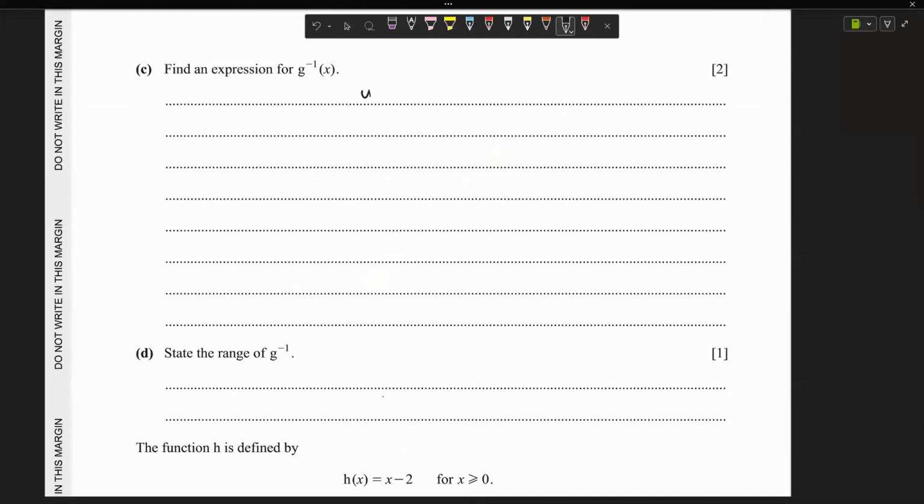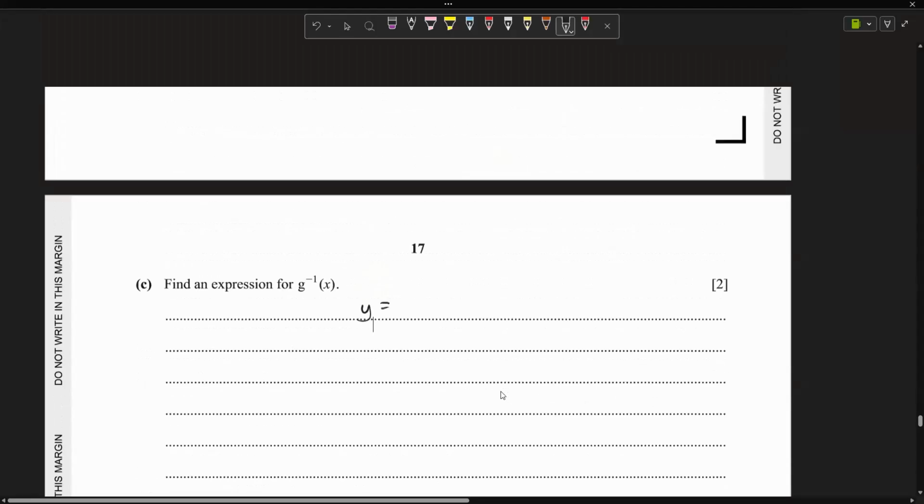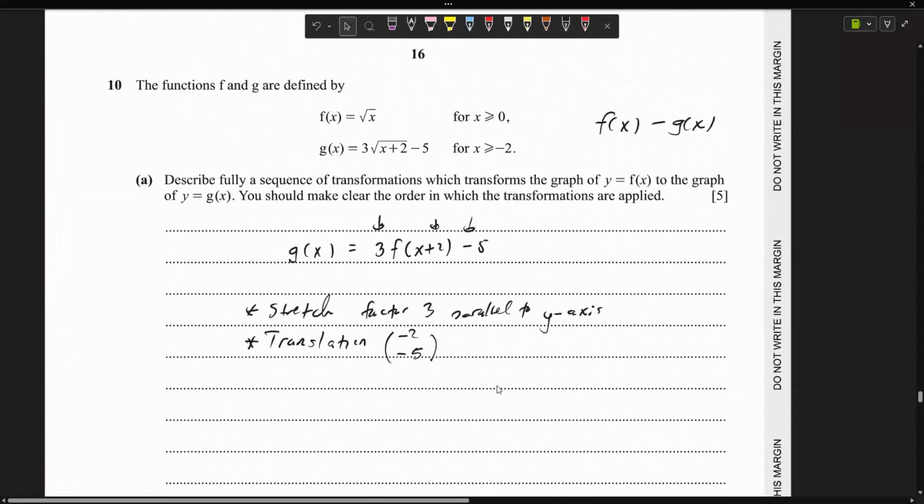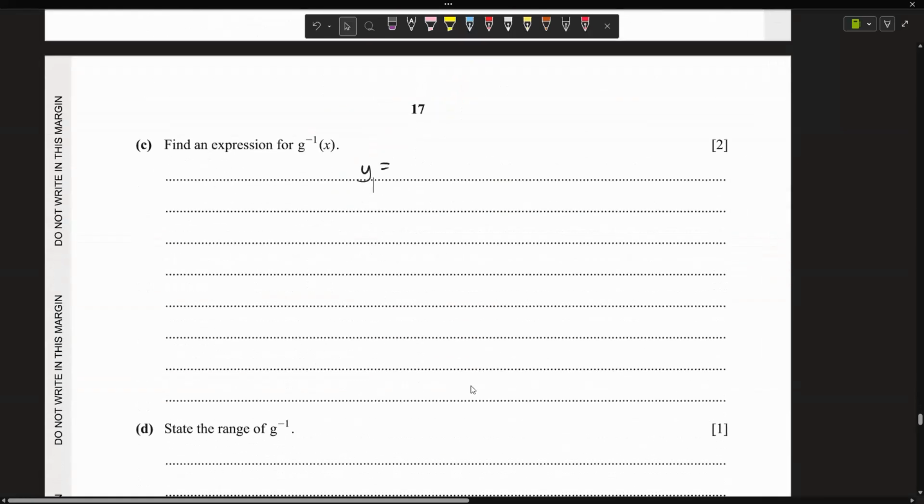All right, so y is equal to the original g of x, which is 3 root x plus 2 minus 5. So we will say that x is equal to 3 of the square root of y plus 2 minus 5.